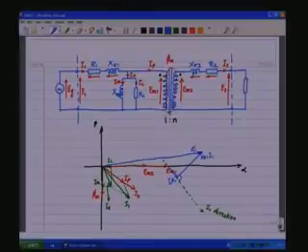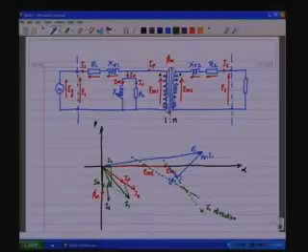Now, let us take the current I2 and from the tip of E m 2, let us draw an axis which is parallel to I2. So, this is I2 and let us have an axis which is parallel to I2, and this is called the I2 direction.